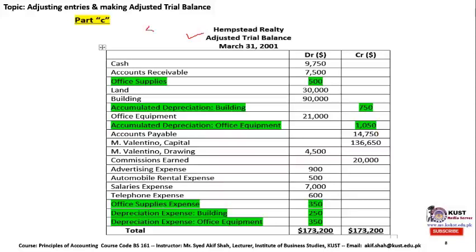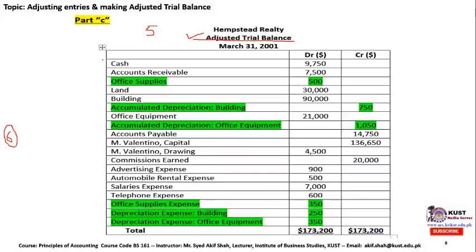Be aware that this is step number 5, and step number 6 of the accounting cycle states to make the income statement from the adjusted trial balance. And remember students, this is an adjusted trial balance, not a simple third step trial balance, because we have already adjusted 6 adjusting entries.